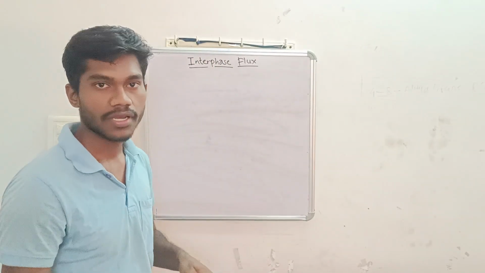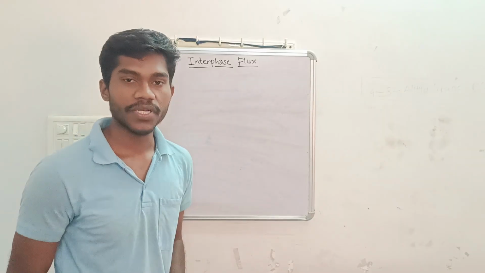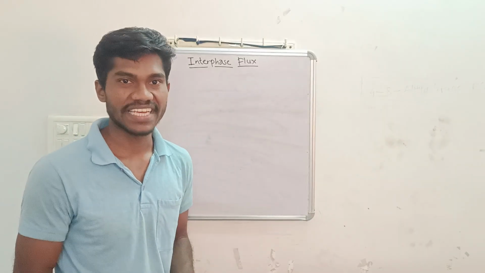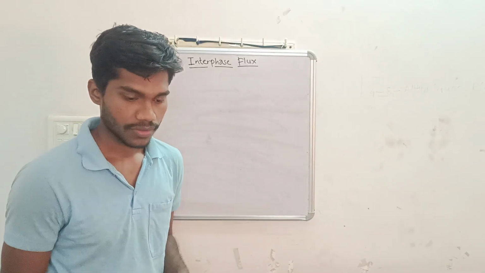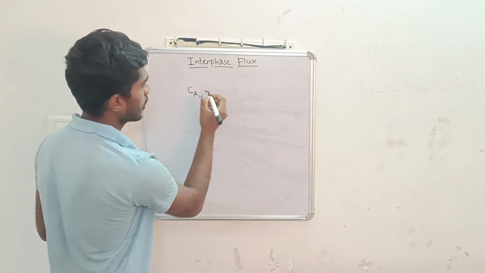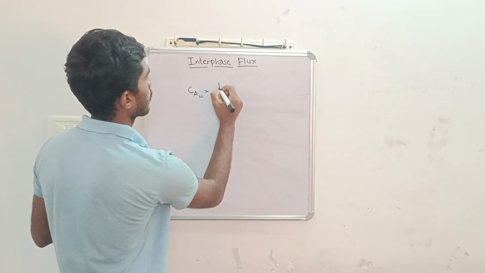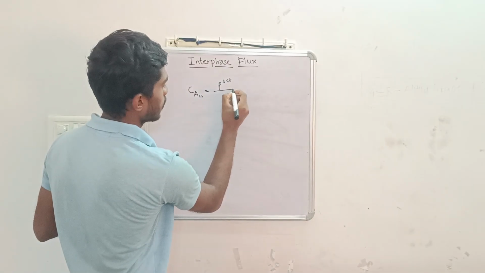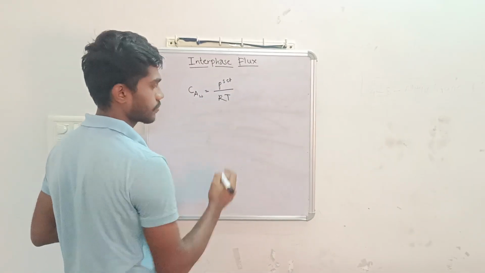So firstly, we have to convert P saturation into CAS. So CAS equals P sat by RT.